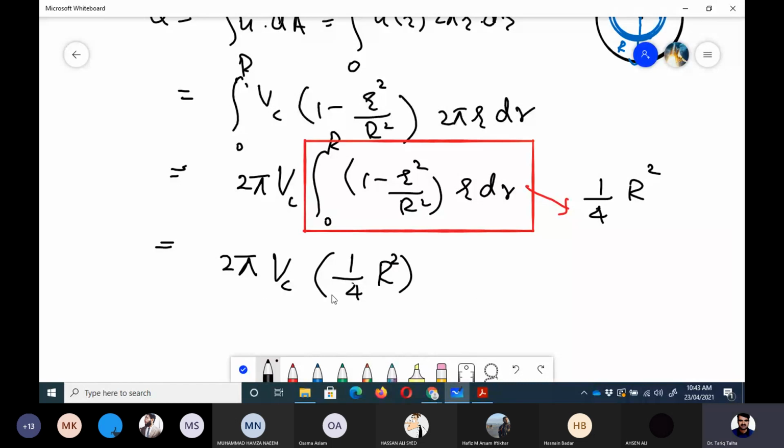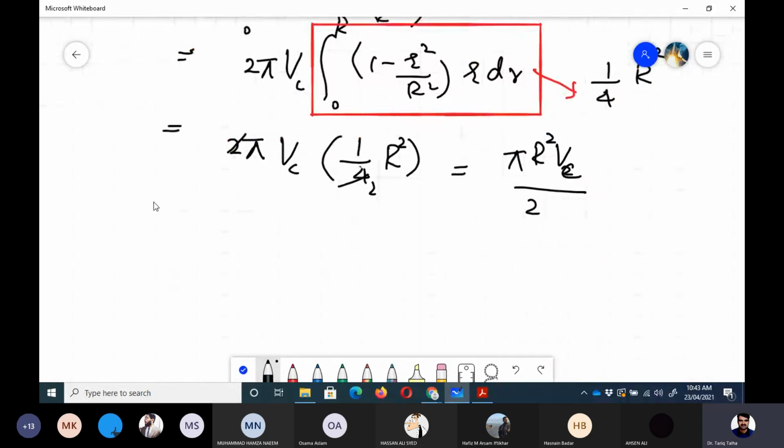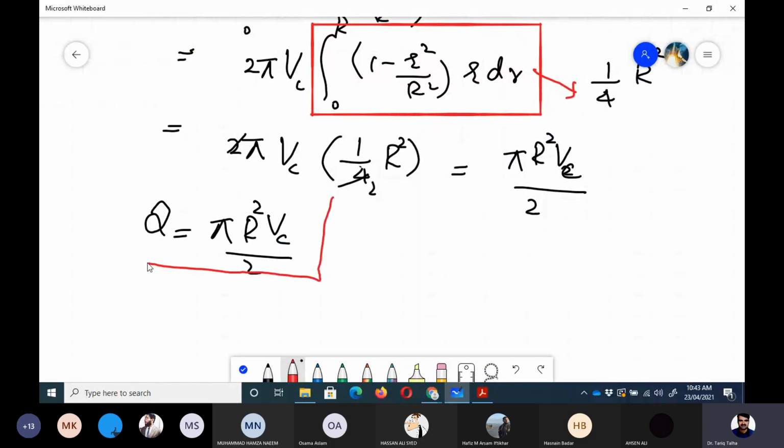Now 4 goes with this 2 by 2, and I can write that it would be pi R square Vc by 2. So now the relation of Q is pi R square Vc divided by 2. You can see that it is a quite simplified relation in terms of center line velocity.